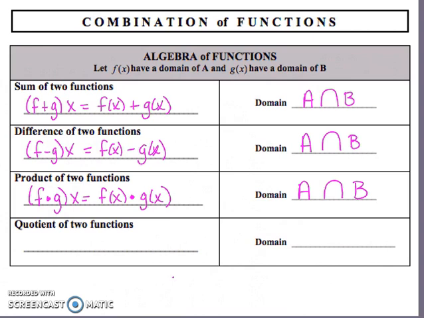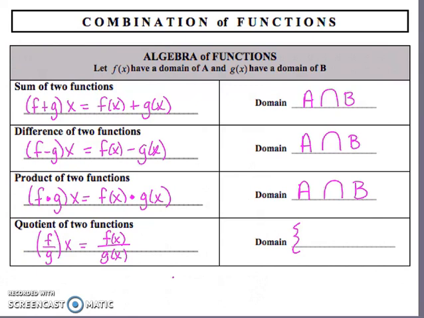And then finally, we have the quotient of two functions. So f divided by g of x, which is often written as f of x over g of x. Now this one has a little extra caveat to it because we're talking about a fraction which has a denominator. I'm sure you can see what's coming here.